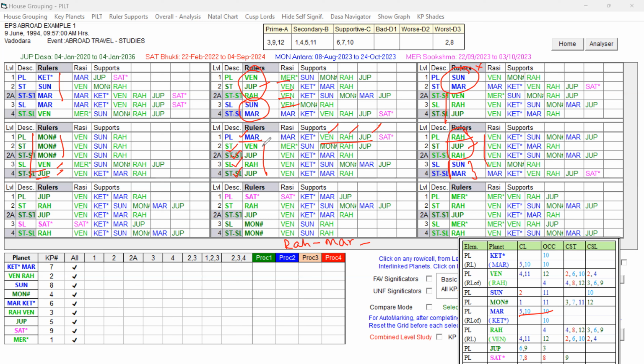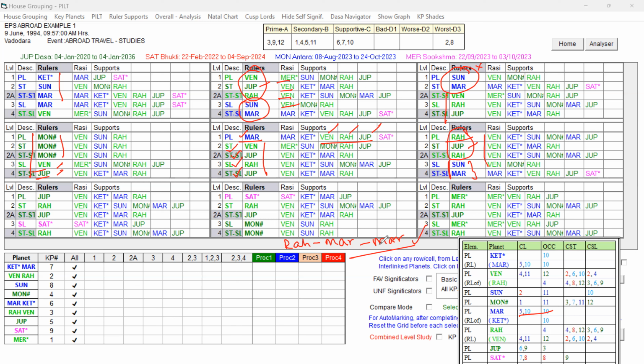Since the Bukti Lord itself is strong, I mean stronger with significations without any unfavorable ones, in the same Antra it can support travel. So she traveled abroad in December 2018 during that Rahu Dasa, Mars Bukti, Mars Antra itself.